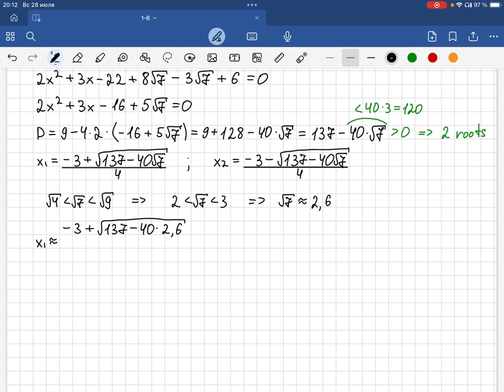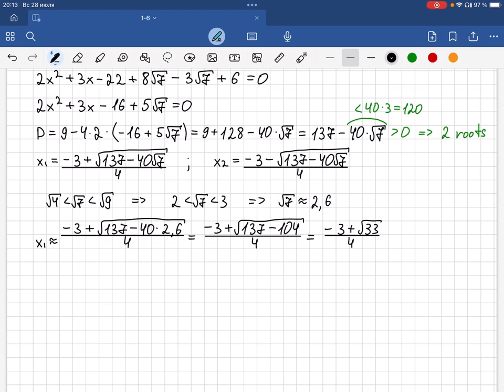We also have to change the equality into the sign which means approximately equal, and divided by 4. Okay, this is minus 3 plus the square root of 137 minus 104, and we divide it by 4, which is minus 3 plus the square root of 33 divided by 4.